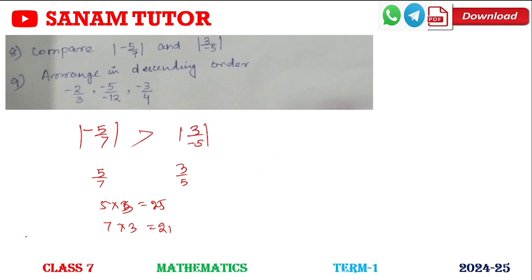Second, 9 number, arrange in descending order. Okay, descending means first we write the rational numbers in standard form. So first one is minus 2 by 3, second one is 5 by 12, third one is minus 3 by 4. So this is standard form. Now take LCM. LCM of 3, 12 and 4 is 12.